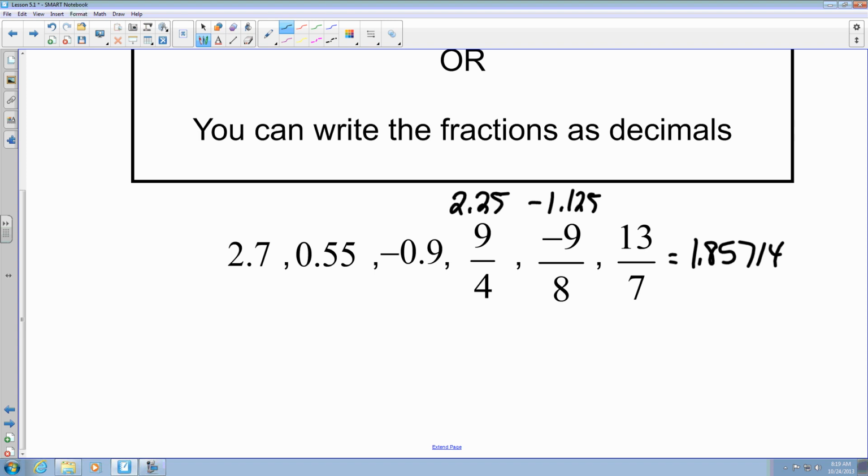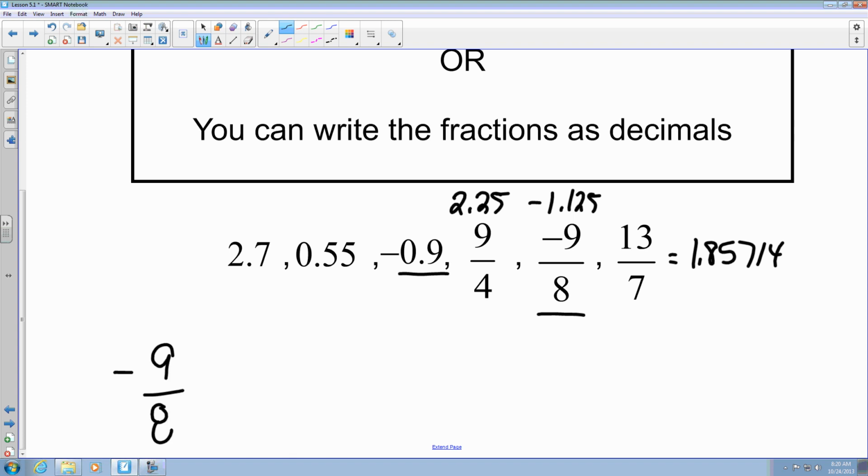So first of all, I have to take a look at the negative numbers. I have two of them. I have a -0.9 and I have a -9/8. Well, if I look, 9 over 8 is negative 1.125, and this is just a negative 0.9. So this value is my least, my smallest value.